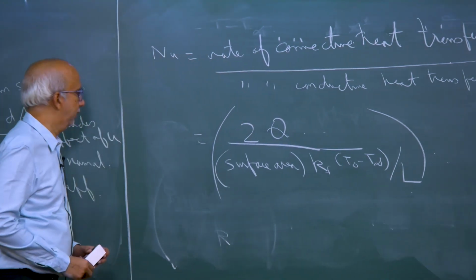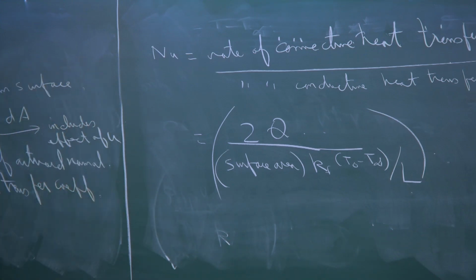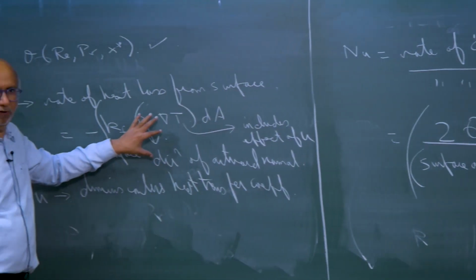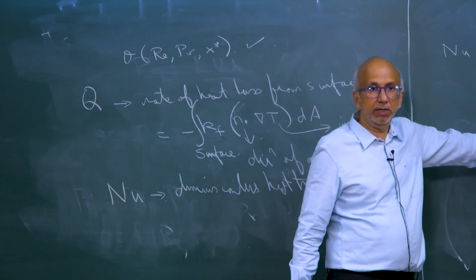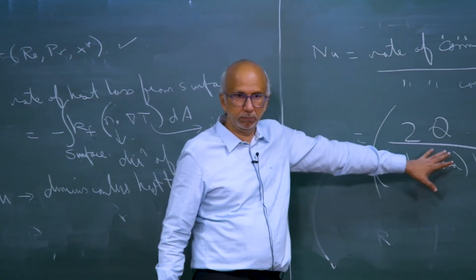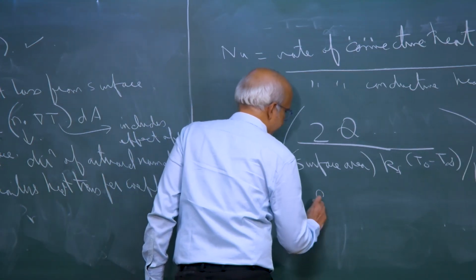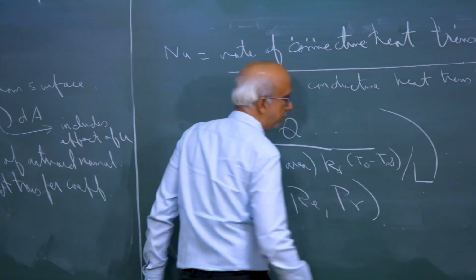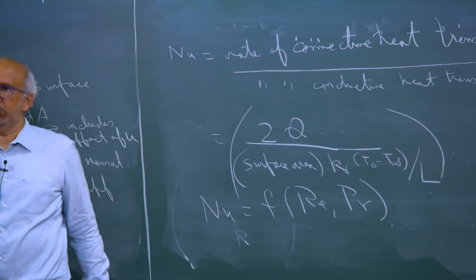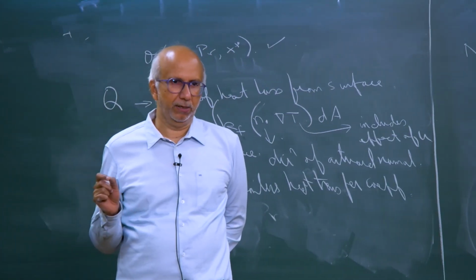So clearly Q depends only on these quantities, and if you convert it to dimensionless form, you will see that it depends only on Reynolds number and Prandtl number. The point I am trying to make here is that the Nusselt number is a function only of Reynolds number and Prandtl number. That is the reason you write your correlations as a function of Reynolds number and Prandtl number.